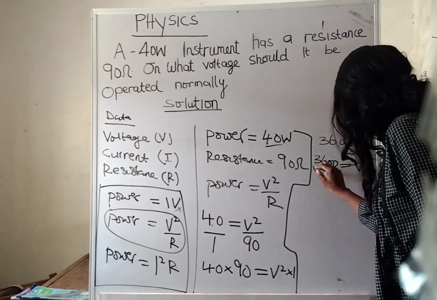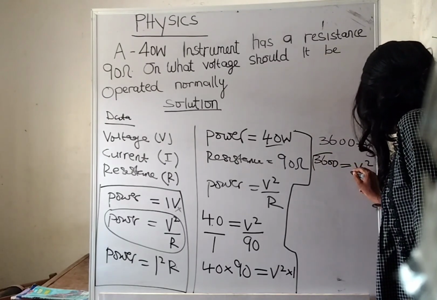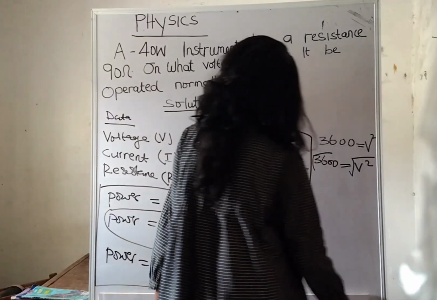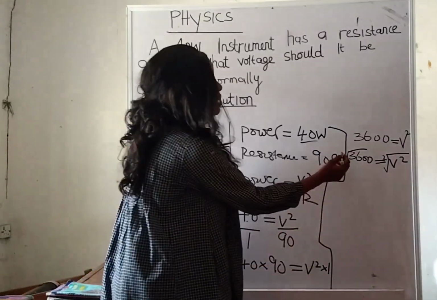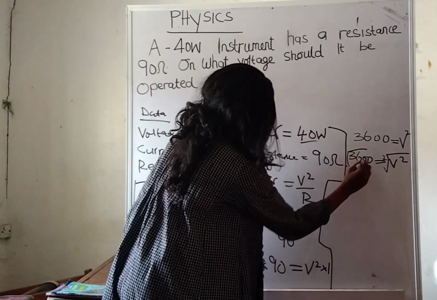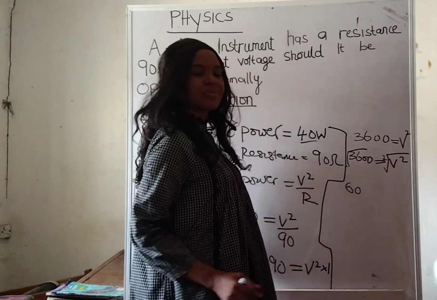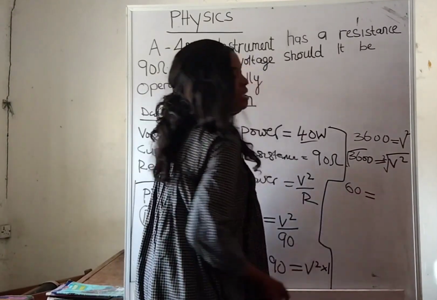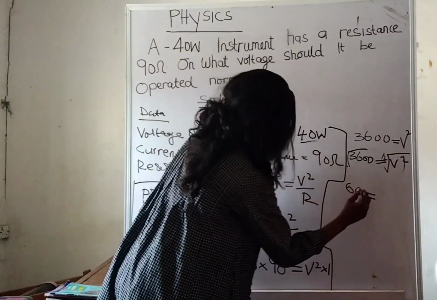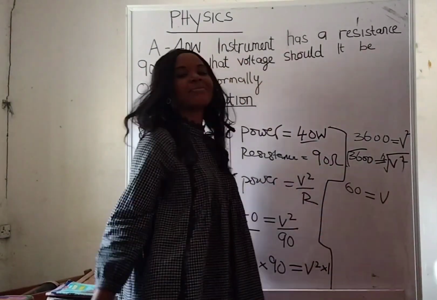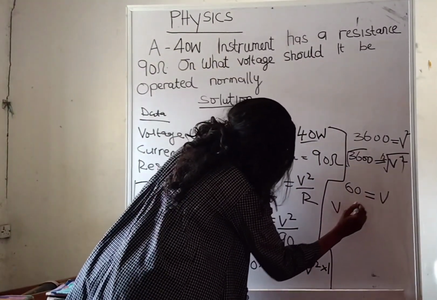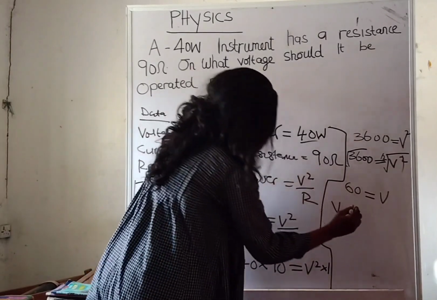The square root of 3600 gives us 60. On this side, the square cancels, and what remains is only V. So V equals 60.